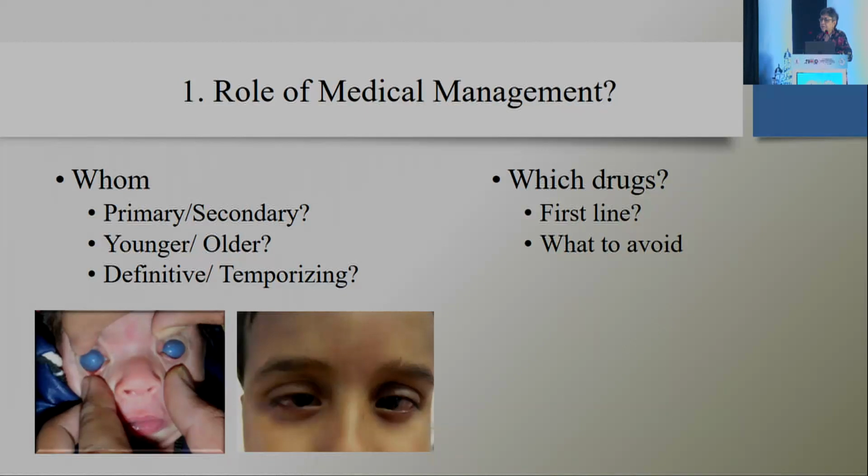And one question I had was that many of the primary congenital glaucoma babies, till they get anesthesia fitness, sometimes you have to keep them on medications, and they are from outstation, so they don't come back to you immediately. So is it wise to add a third drug like a prostaglandin to a dorzolamide timolol combination, or prostaglandin has no role, and therefore there's no point adding it?